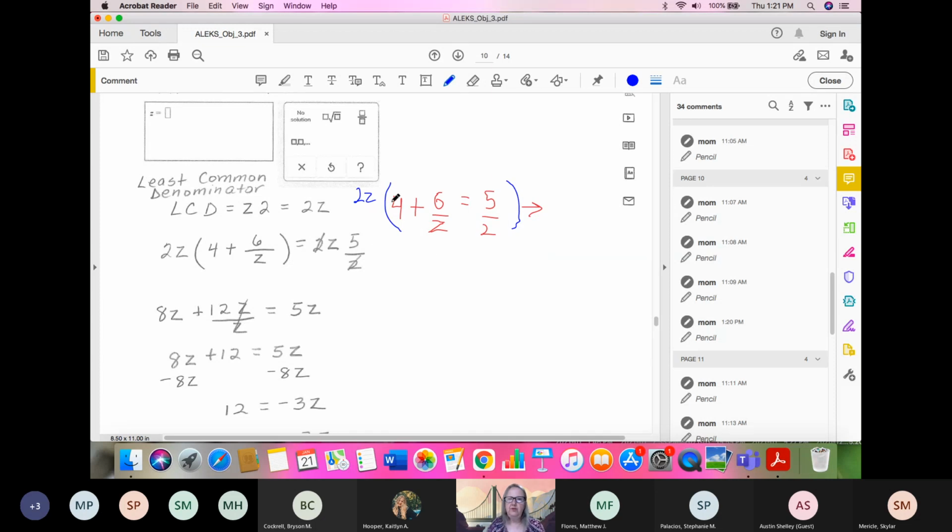So if we do it this way, we want to distribute this 2z through, actually distribute it through on both sides. So 2 times 4 is 8. And then we have a z.